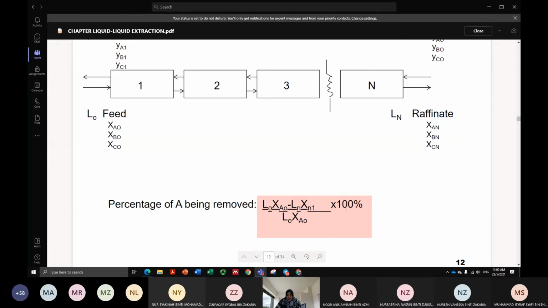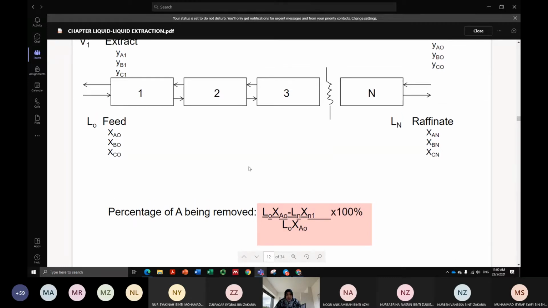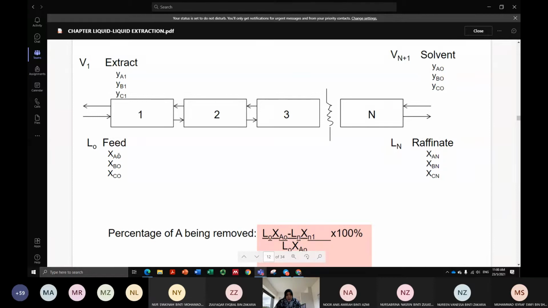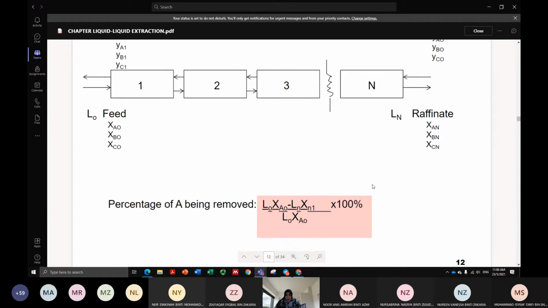When you multiply by 100%, you get the percentage of A being removed from the original feed stream. So this amount represents the amount of solute in the extract being removed from the feed. So we are looking for the highest percentage here.